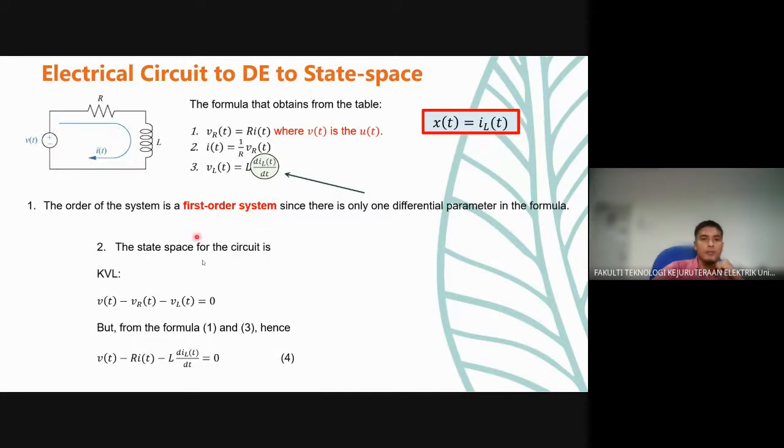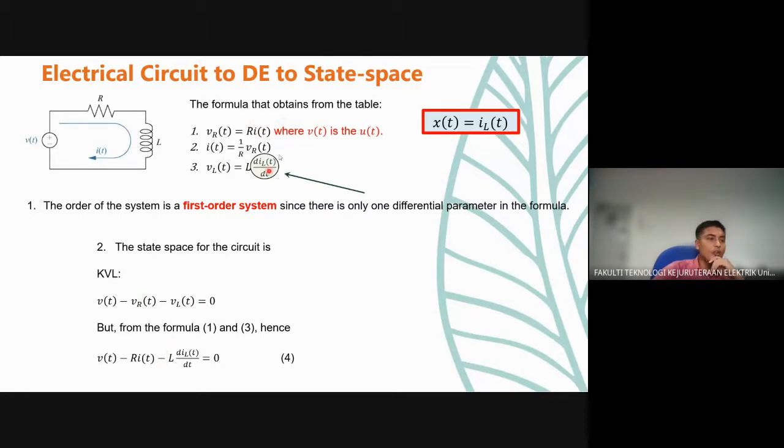So the Kirchhoff voltage law for the circuit is Vt minus Vr minus Vl equal to 0. This is the Kirchhoff voltage law for this RL circuit. From formula 1 and 3, Vr will be replaced with R it.